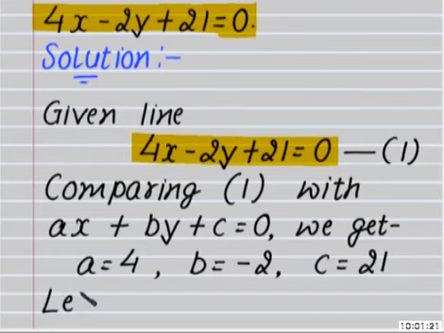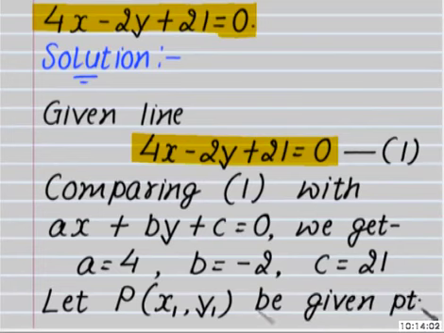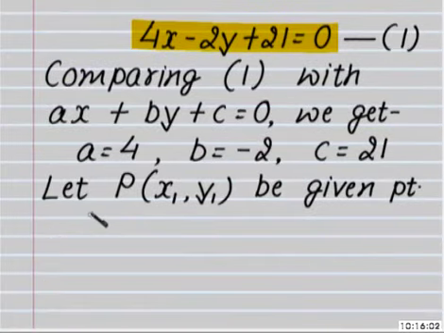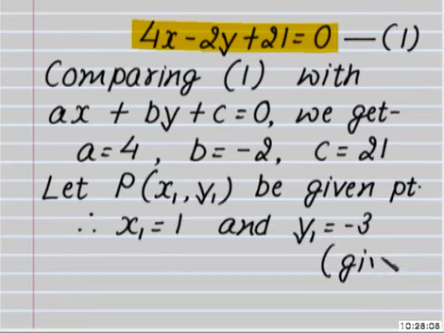Let P with coordinates x1, y1 be the given point. So therefore x1 is equal to 1 and y1 is equal to minus 3, that is given to us.